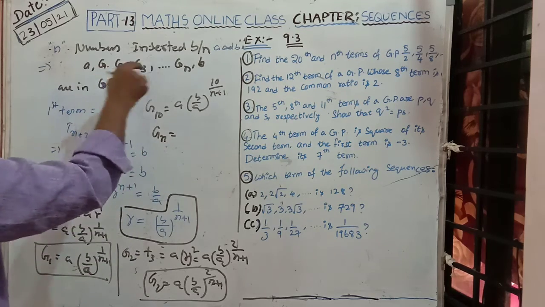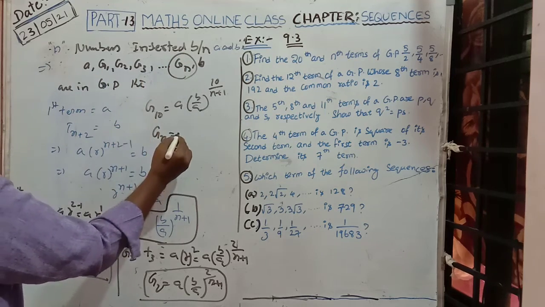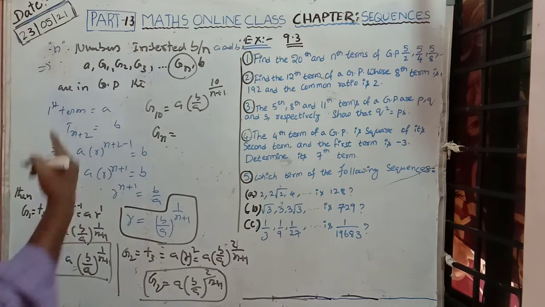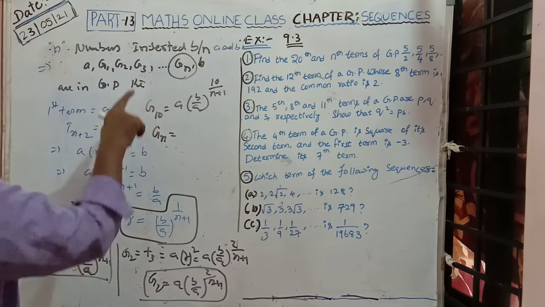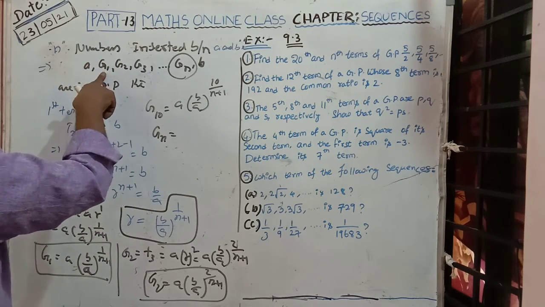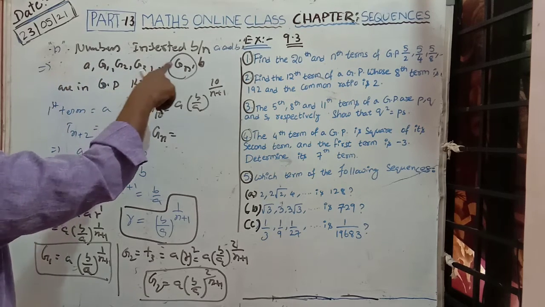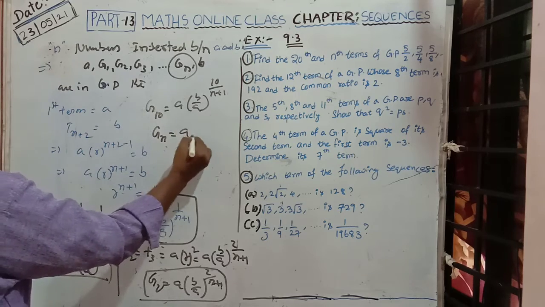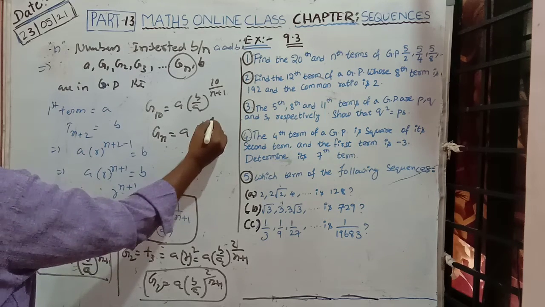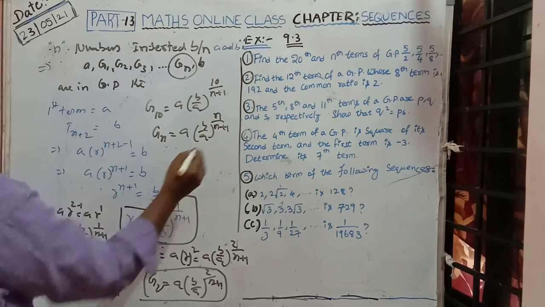Generally, the general term Gn, the general GM, not a term, it is A into (B by A) power n by n plus 1.